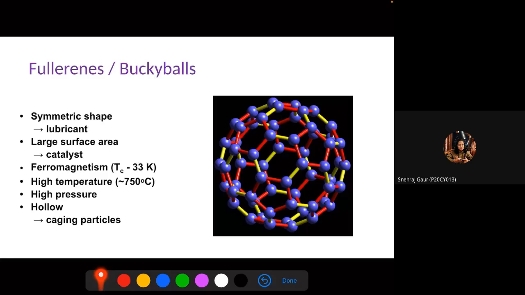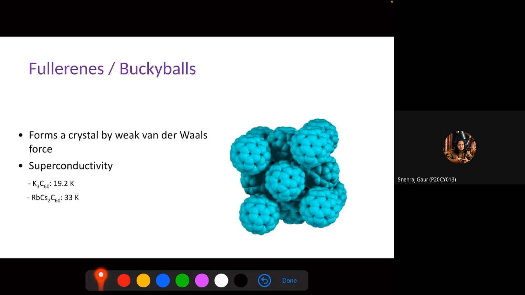What is interesting is you can also use these fullerenes as building blocks to build large crystals. With a very weak van der Waals interaction, you can make van der Waals crystals where fullerene is your building block, and that is also quite interesting.